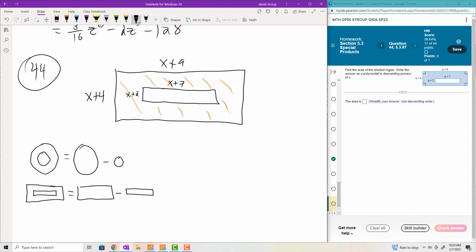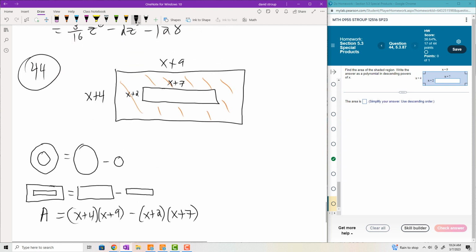Okay, so in our terms, it'll be the area equals the area of the outer portion, which is just x plus 4, length times width, x plus 4 times x plus 9, minus the area of the inner donut, which is x plus 2 times x plus 7, or the area of the inner hole, right?